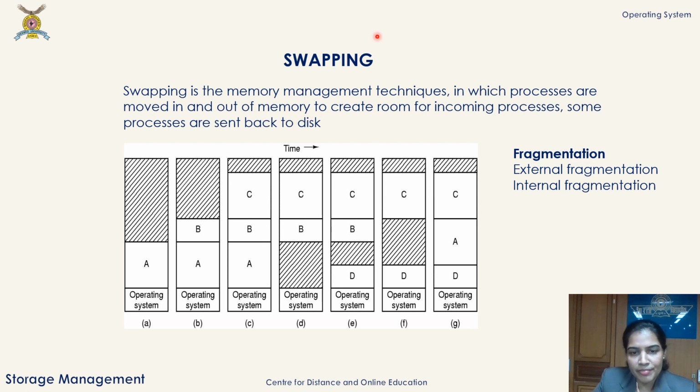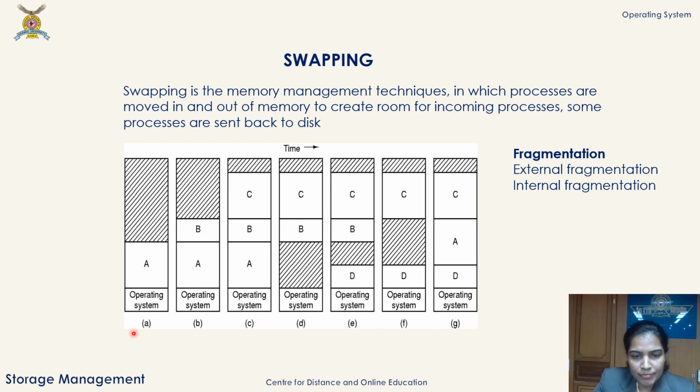The benefit of swapping is a higher degree of multiprogramming, because idle and suspended processes are unnecessarily occupying and wasting memory, so they can be sent back to the disk. Dynamic relocation is possible: when you bring the process back into memory after some time, the relocation will be done. So for better memory utilization, one can go for swapping. The operating system does swapping internally.